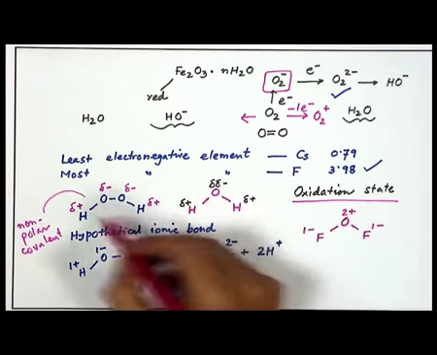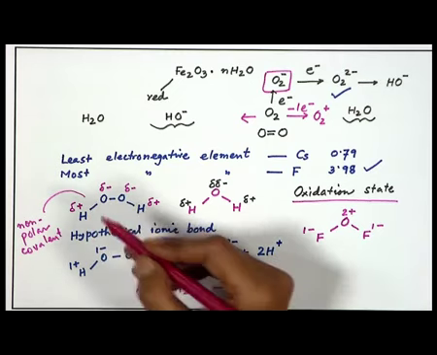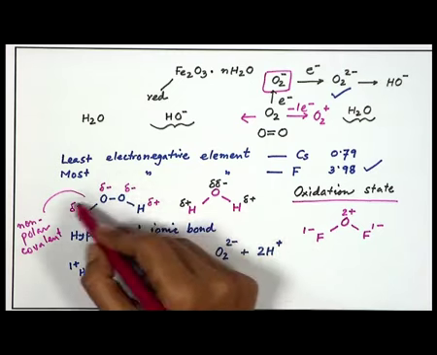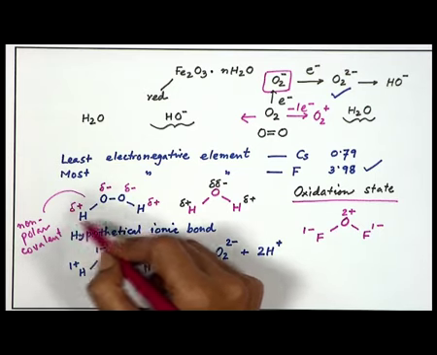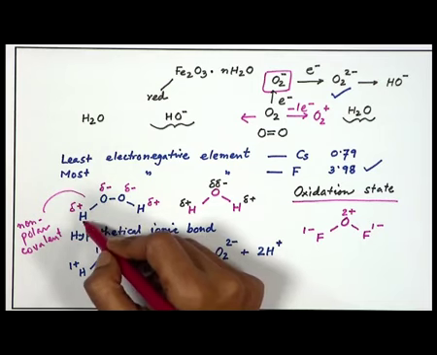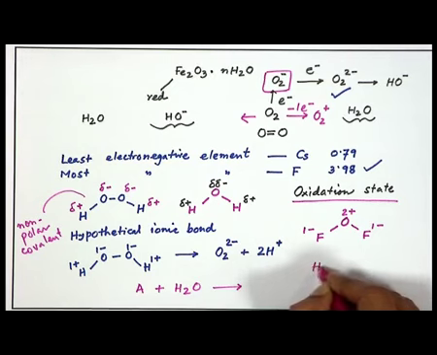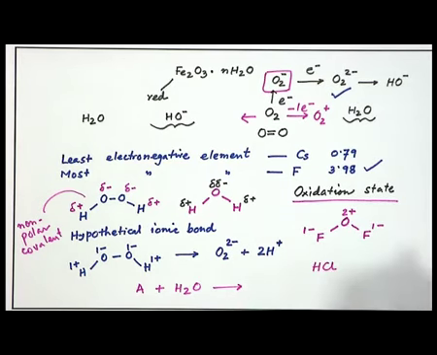we can have the complete electron transfer giving rise to a corresponding polar covalent bond, or ultimately release of this H as H plus, which is a typical characteristic for the removal of this H as the corresponding ionic bond, which we find in case of HCl.